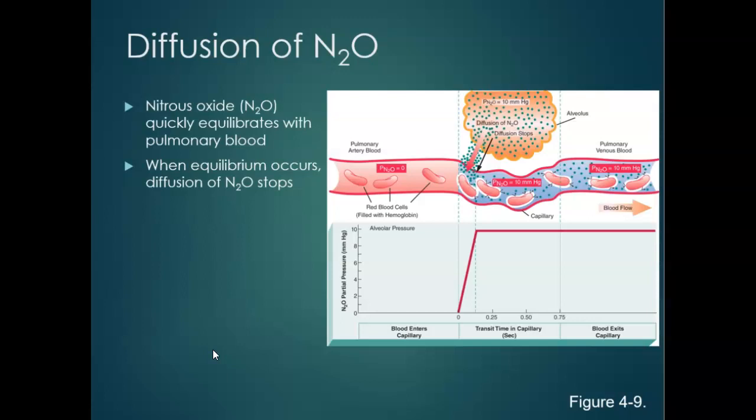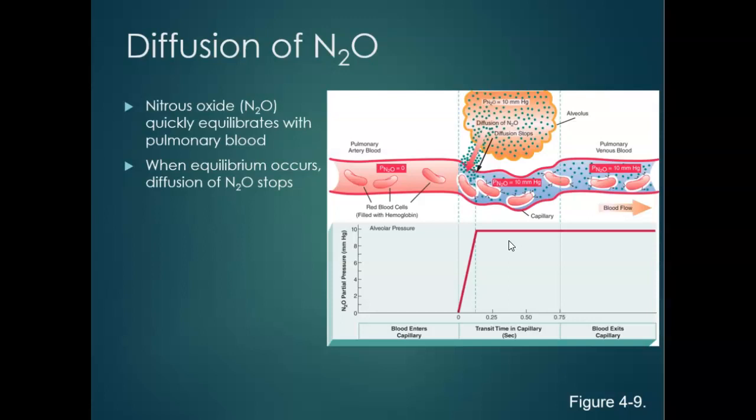So in this scenario, the amount of nitrous oxide that diffuses across this membrane is dependent on the flow of blood through here. The more perfusion that happens, the more nitrous oxide comes into the blood. If the blood is really slow, the diffusion rate is going to be really low. So that's a good example of perfusion limited.